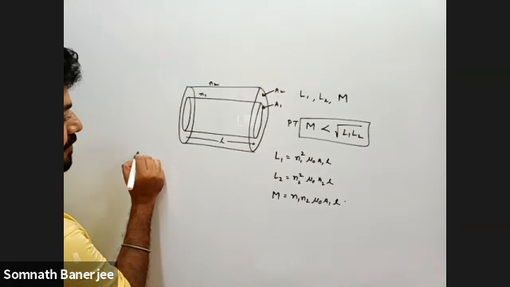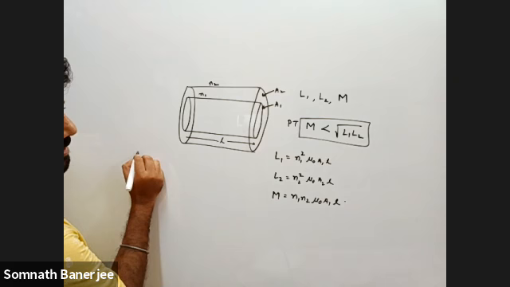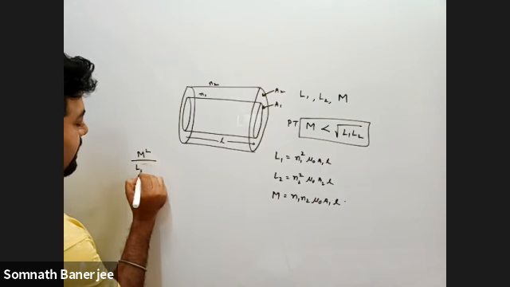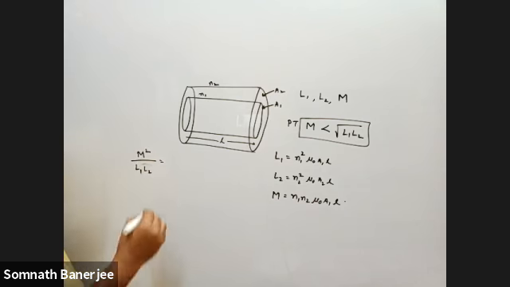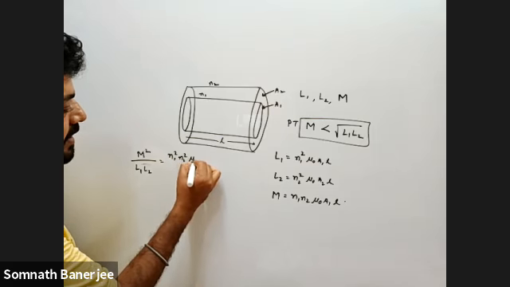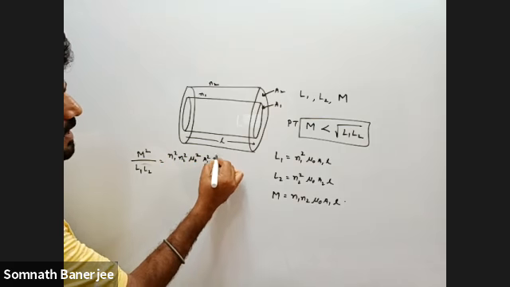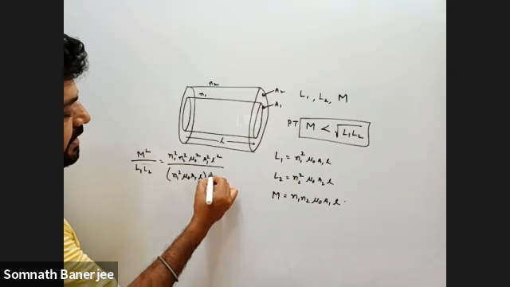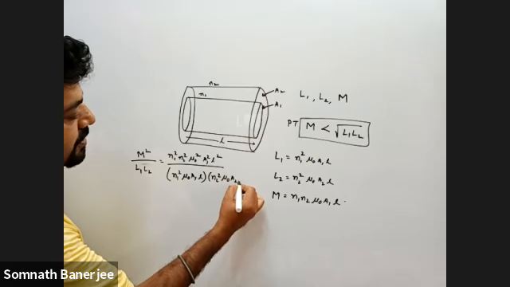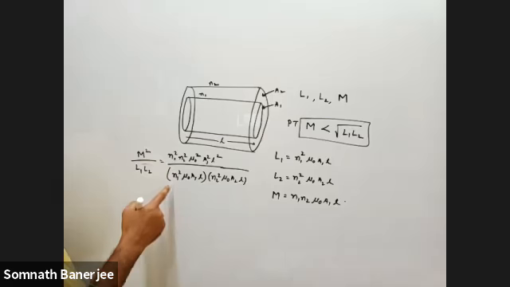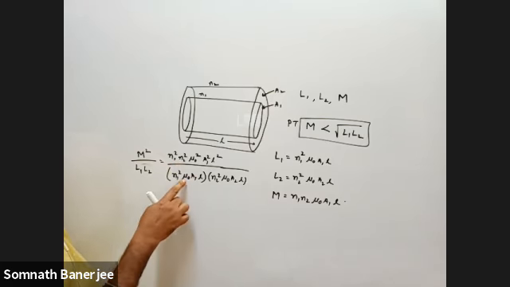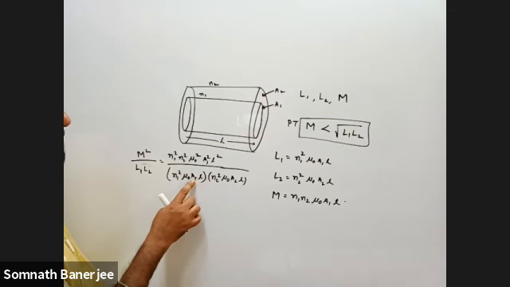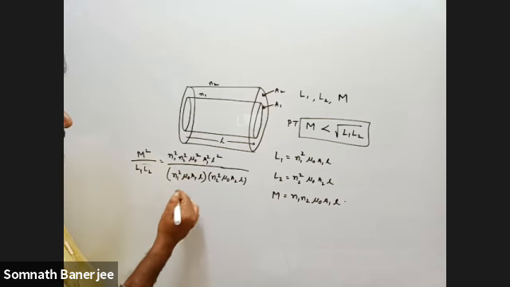So very simple. If we write M square by L1 L2, what we have is mu naught square N1 square N2 square A1 square by L square, divided by mu naught N1 square A1 by L times mu naught N2 square A2 by L. We realize N1 square cancels, N2 square cancels, mu naught square cancels, L square cancels. Here A1 cancels, so here you have A1 and here you have A2.